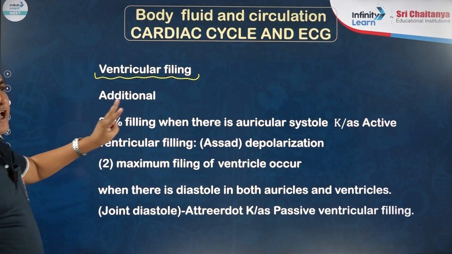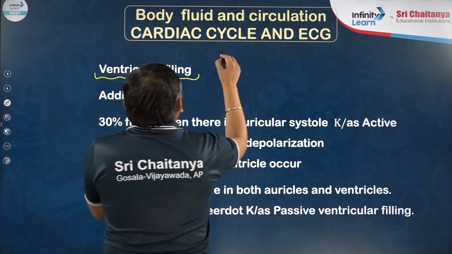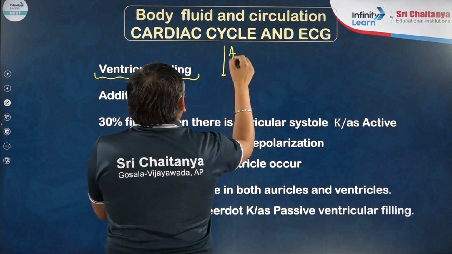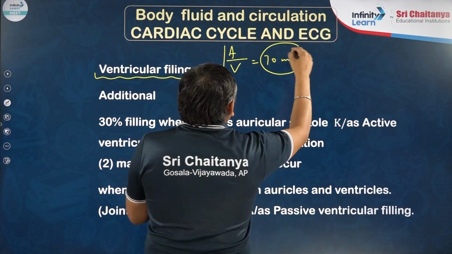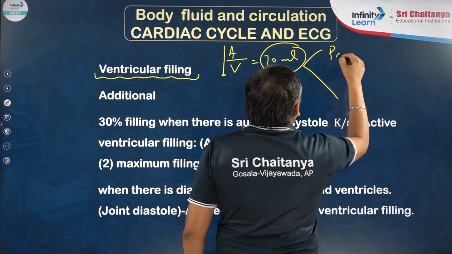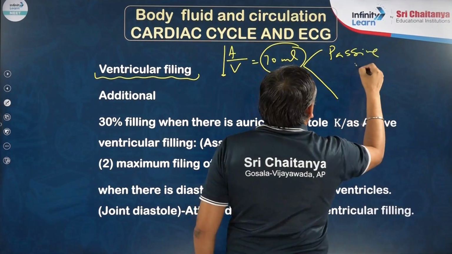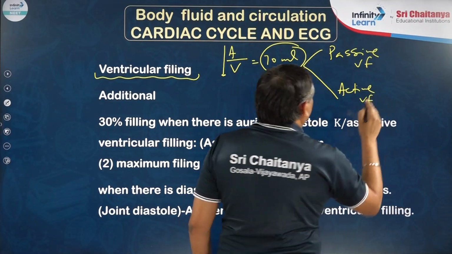There are 2 types of ventricular filling. First of all, you have to remember how much blood is coming from auricle to ventricle. Only 70 ml is required, so it is completed by 2 processes: one is passive ventricular filling, one is active ventricular filling.